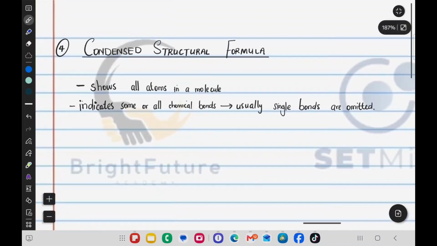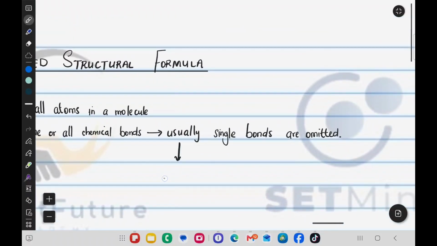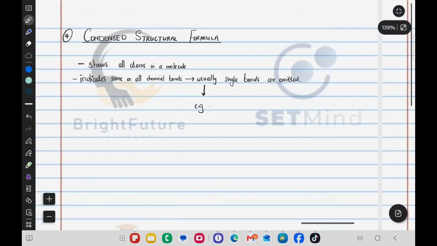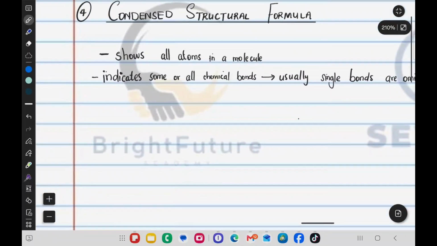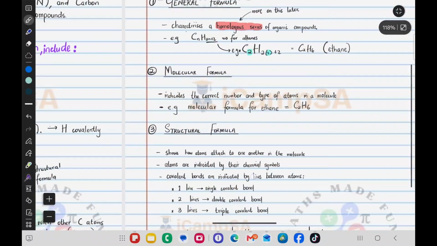For example, if you have ethane, the condensed structural formula, in fact, let's do this one. What we want to do now is take all the structural formula examples that we have here and convert them into condensed structural formula.